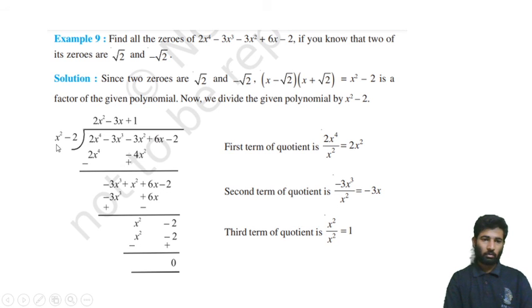So again we multiply x square with minus 3x, we get minus 3x cube. Again subtract the value, 3x cube will go, the resultant will be x square minus 2. So x square minus 2 into 1 is x square minus 2. Again multiply, subtract the value, you will get remainder is 0.